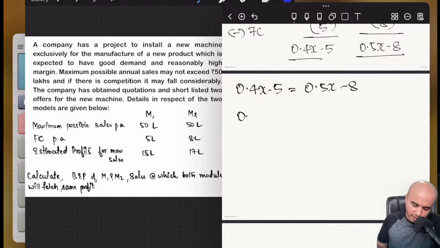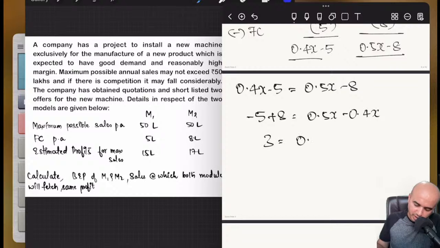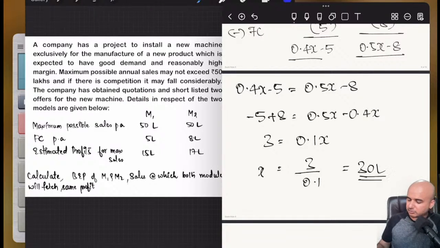Obviously yes. 0.4x, or let me just bring that this side, minus 5 plus 8 equals 0.5x minus 0.4x, or in other words 3 equals 0.1x. X equals 3 by 0.1. So that would be 30 lakhs.